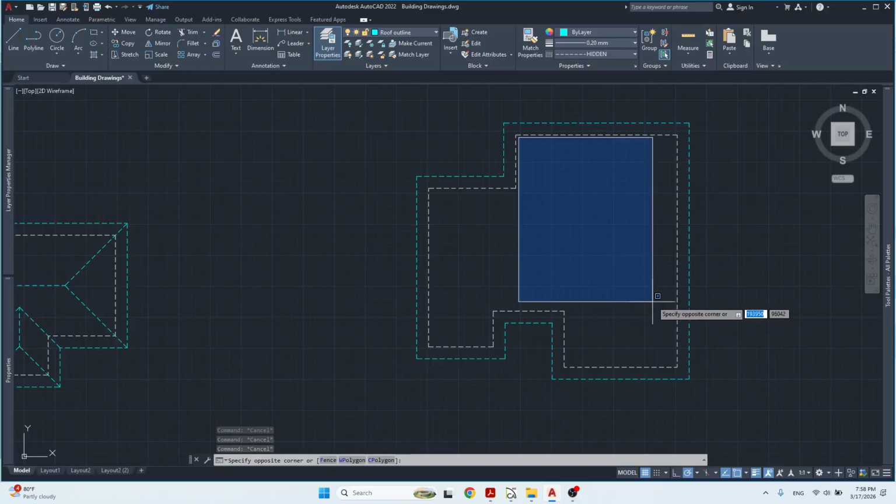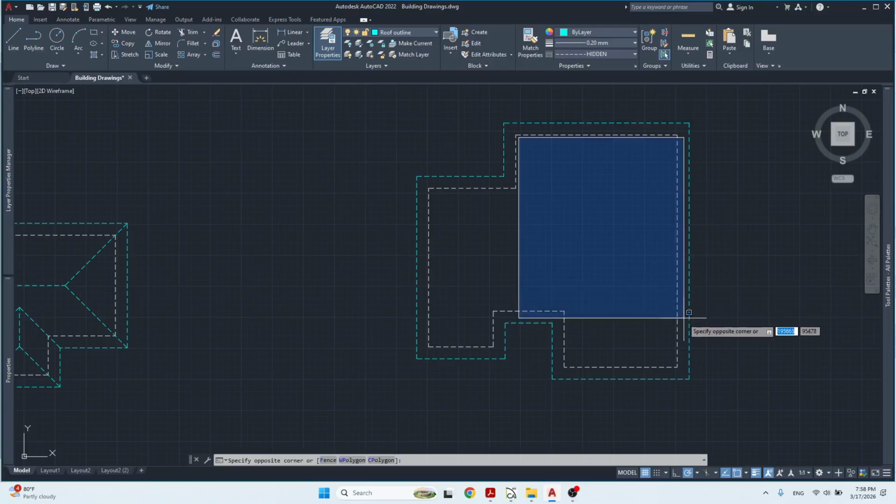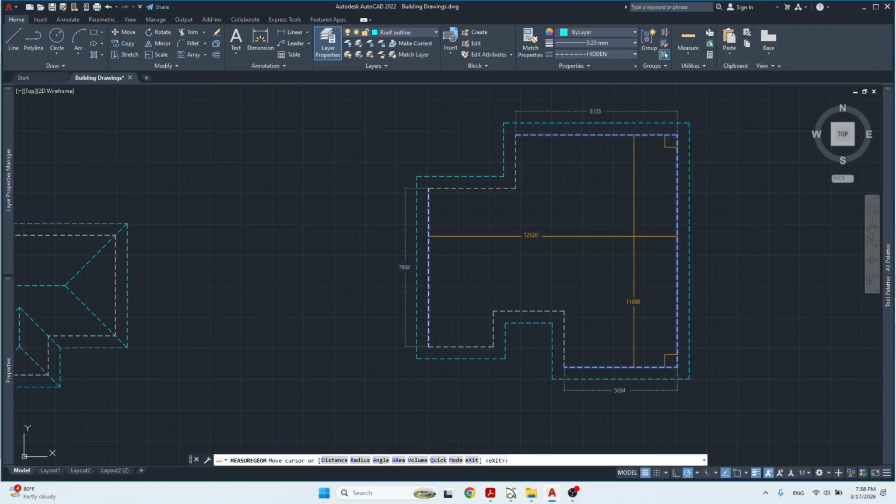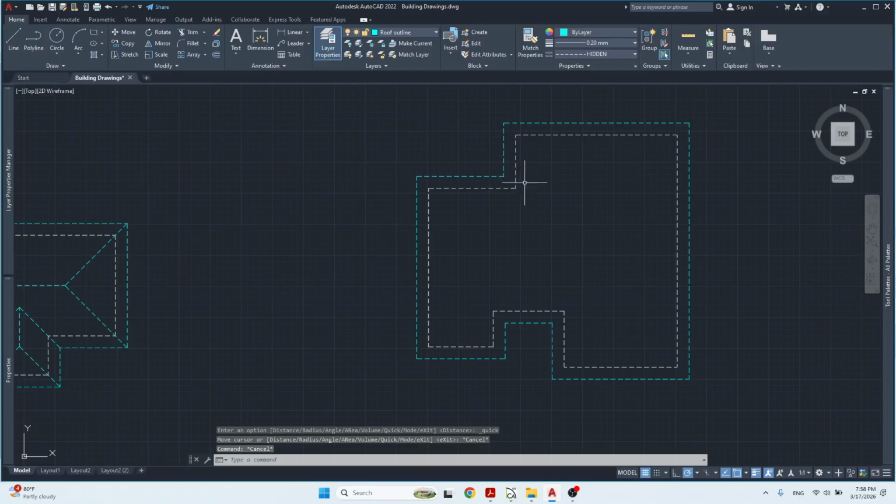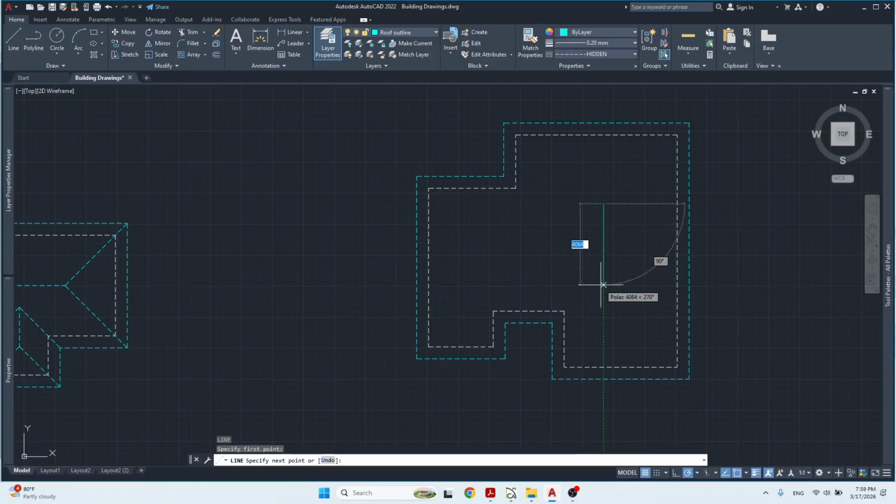Straightforward. I'm going to treat this as this is the biggest part of the roof, so I'm going to treat this as its own section. Right. So I need to just check out the distances here. Okay, so this is my longest side. I didn't need to measure that to know that, but this is my longest side. So I'm going to want to have a ridge in here, right? And my hip rafters running off like that and like that and so on, right?